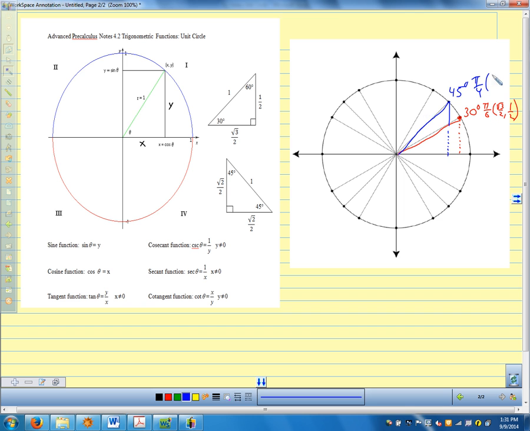Square root of 2 over 2. The cosine of 45 degrees, or pi over 4 radians, is the square root of 2 over 2. The sine of 45 degrees, or pi over 4 radians, is the square root of 2 over 2. The x gives us the cosine of the angle. The y coordinate gives us the sine of the angle. Let's put in this next angle.